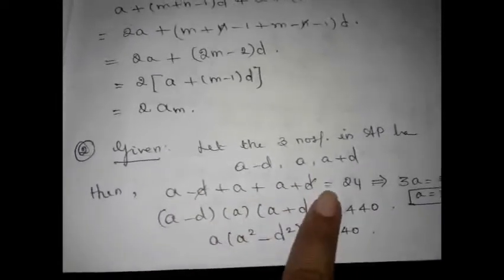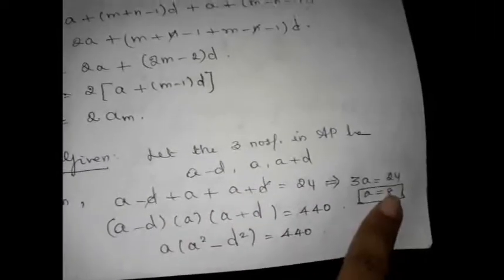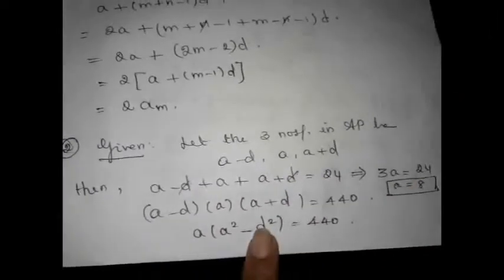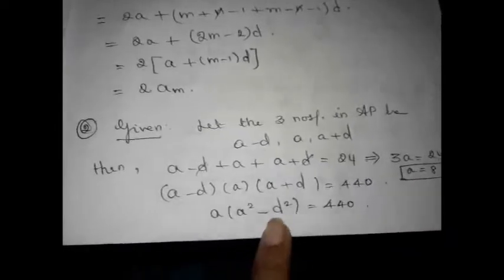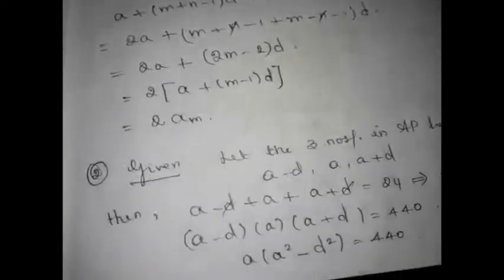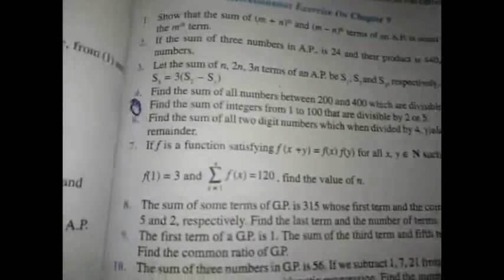If you simplify, you can find your A value. Then substitute the A value in the other equation to find D. Once you know A and D, you can substitute to get your three numbers. Alright? Hope you understood.